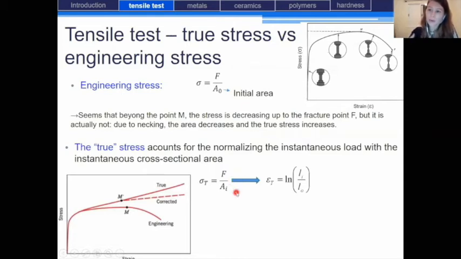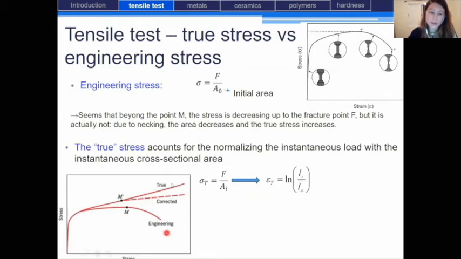So at any point on the graph, at any strain, we define this value for the stress. And in fact, the strain can be written as a logarithm of the length of the specimen at this specific strain, divided by the initial length of the specimen.